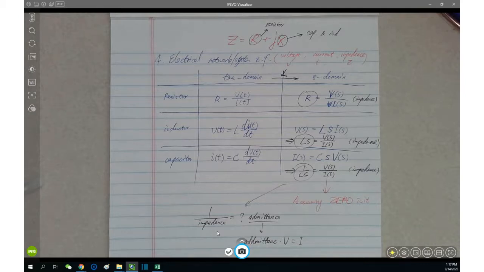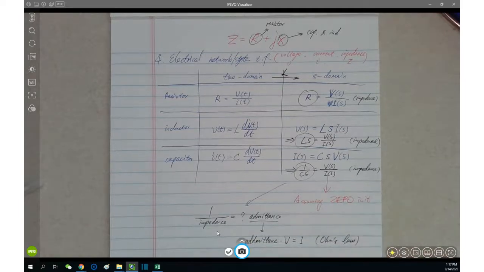Does it make sense? That's Ohm's law. Because with impedance, impedance times current equals voltage. However, with admittance, admittance times voltage equals current.